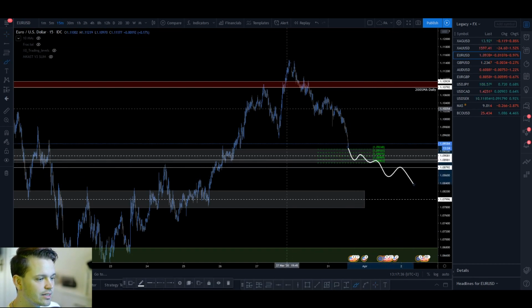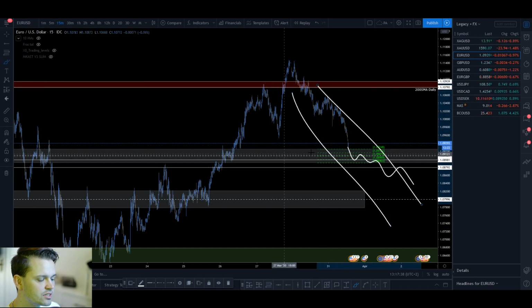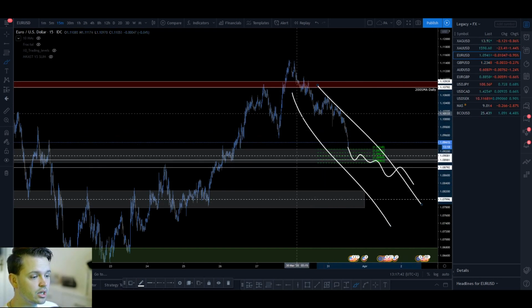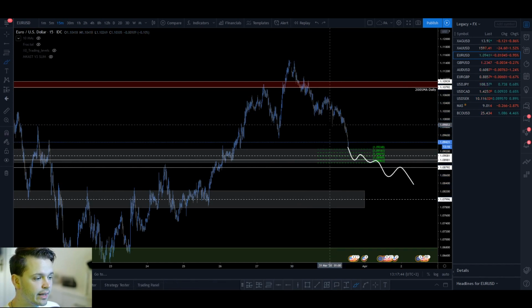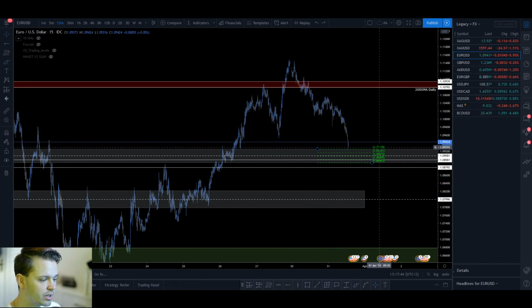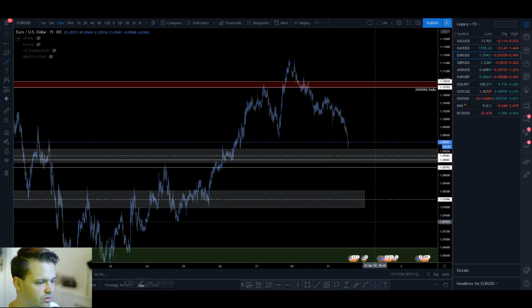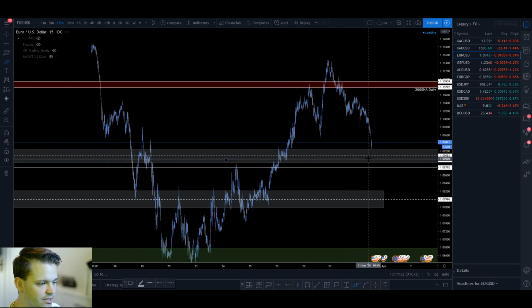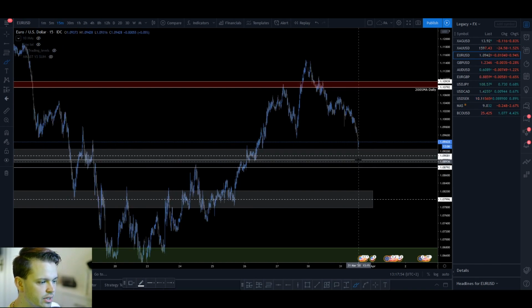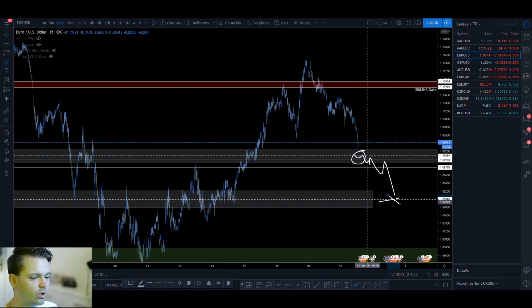The trend on the lower time frames is down, so the chances are that you are going to continue downwards. What that means is you would then have to look for, in my case, a high probability short. If you lose this order block, you would want to look for bearish market structure, break down, retest, and go down to the order block below.